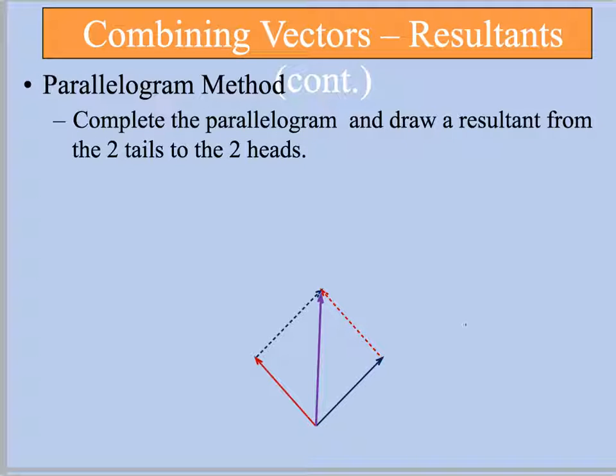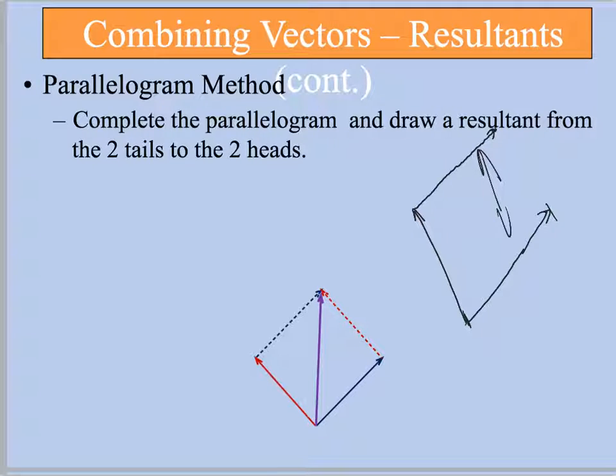So let's say that you had a vector pulling from a source in that direction, and you had another vector pulling this way, and we were going to figure out what the resultant would be. Well, what you have to do is think of it like a copy and paste sort of method. If I take this vector here and I add it to the end of this vector, I'm just trying to get a mirror image from here to here.